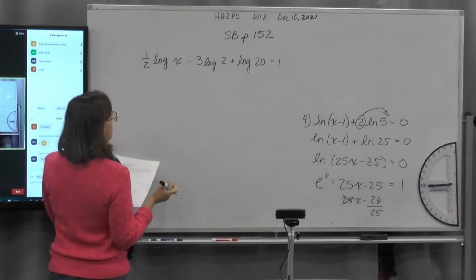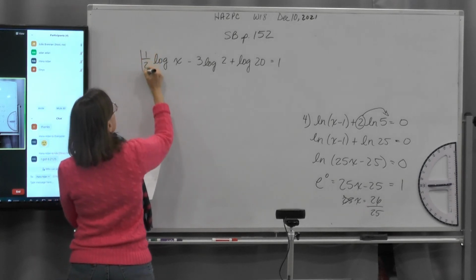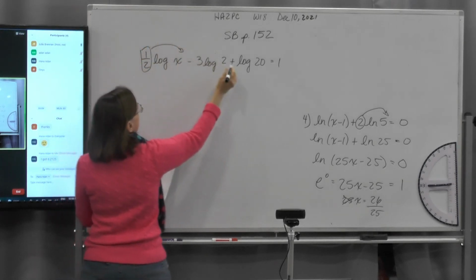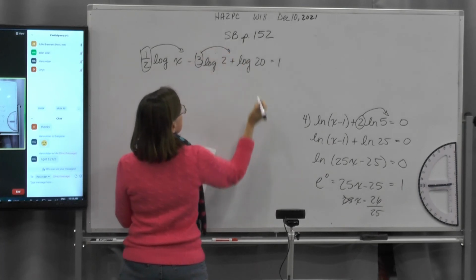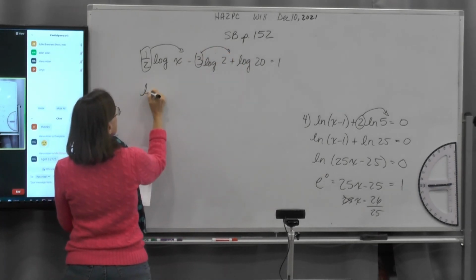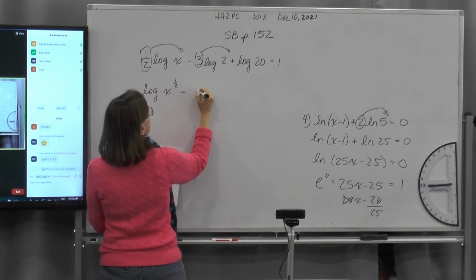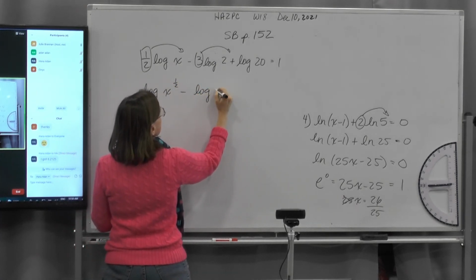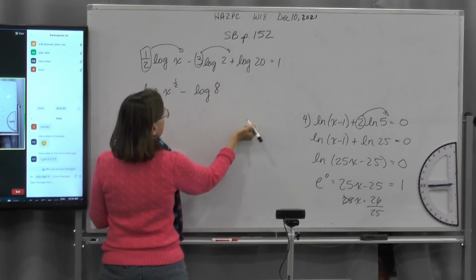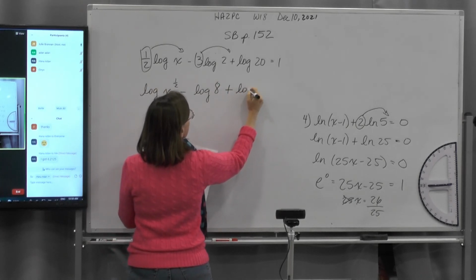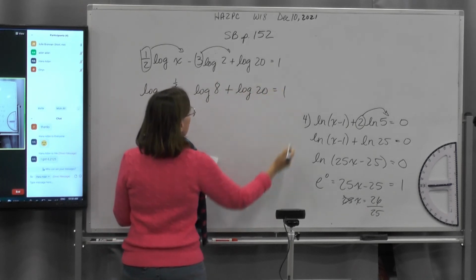They're all the same base, right? So the first thing I'm gonna do is that. So I'm gonna get log of x to the half minus log of 2 cubed, that'll be 8, right? Plus the log of 20. What can I do now?